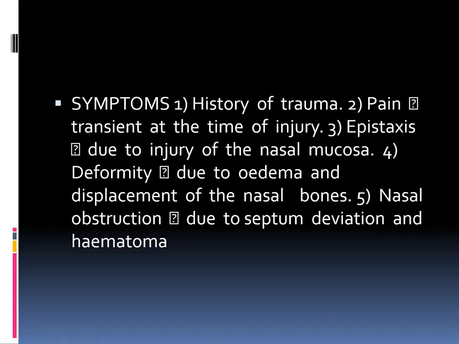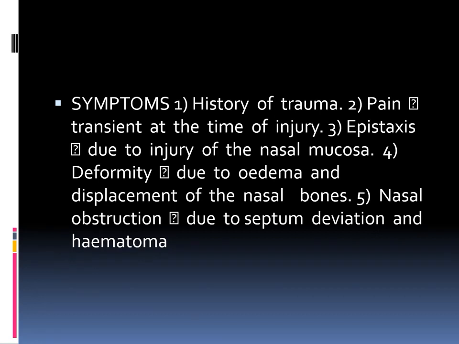What are the symptoms? Of course, there is a history of trauma and pain at the time of the injury, and epistaxis due to injury of the nasal mucosa. Epistaxis is bleeding from the nose. We didn't discuss that yet. We will take it in a lecture by itself. So again, there is a history of trauma and pain at the time of the injury.